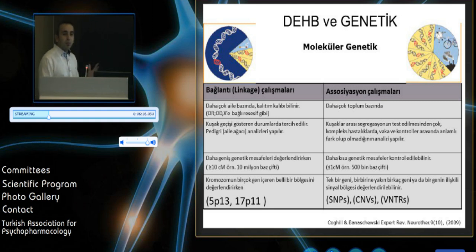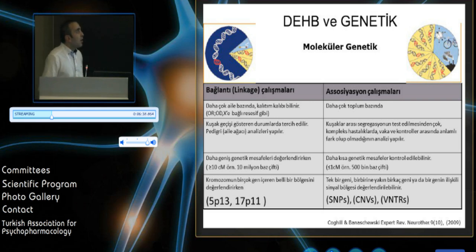Association trials are carried out more in number, but the linkage trials are also carried out, and the most consistent trial results are found in 5p13 and 17p11, and predisposition to the disorder is increased because of these genes. These two gene areas are the most important.